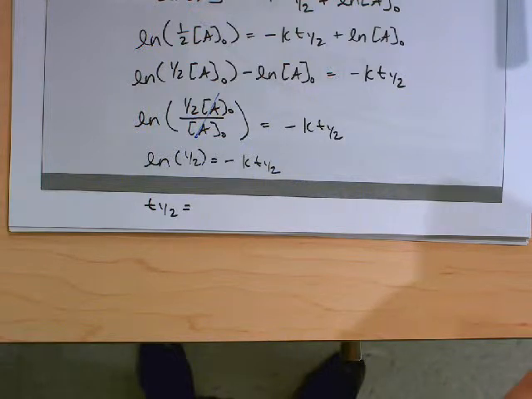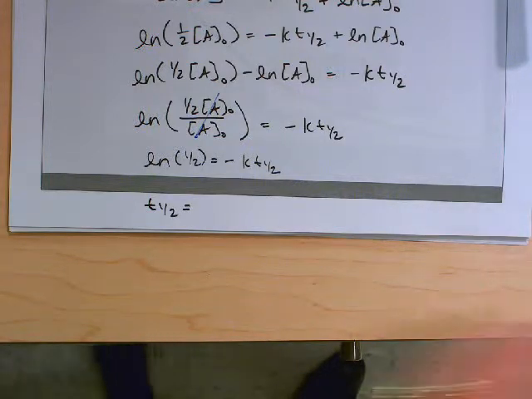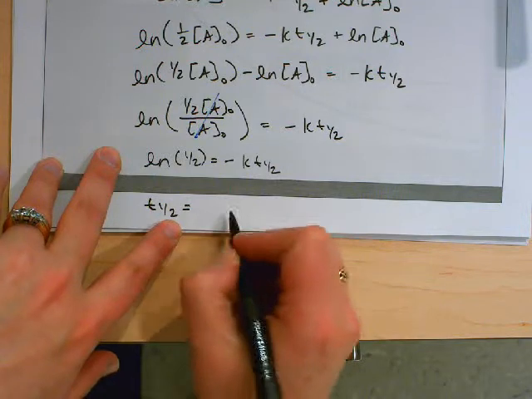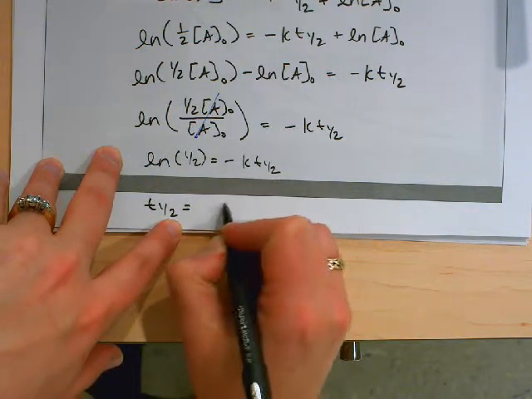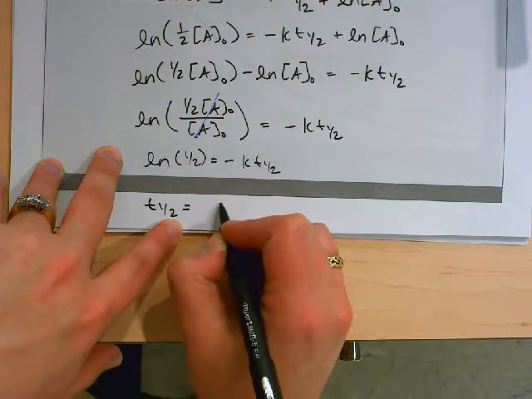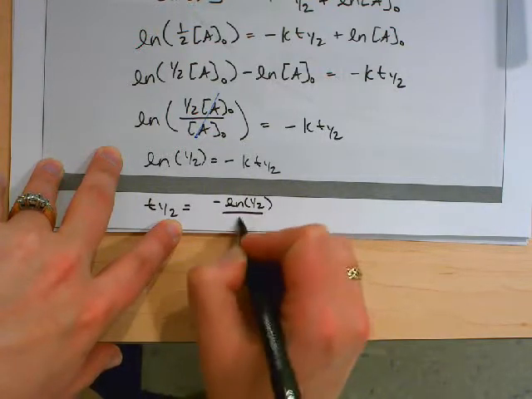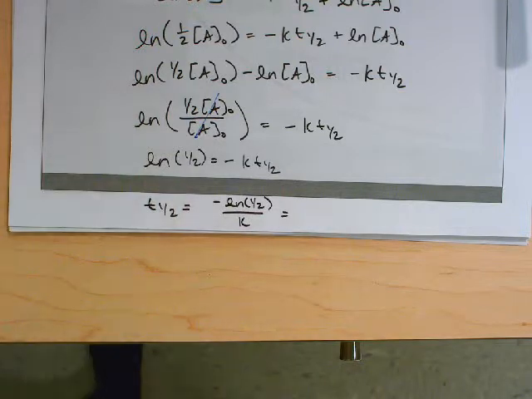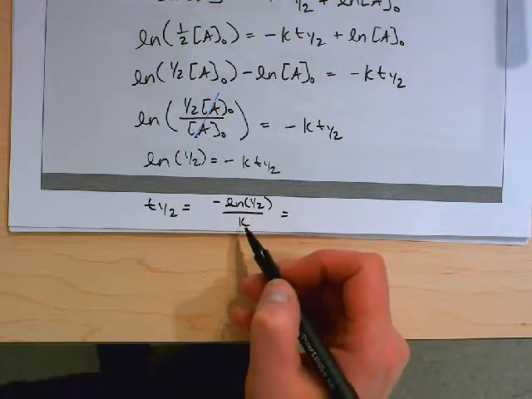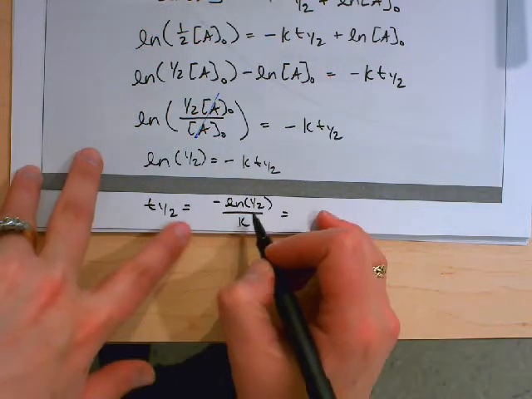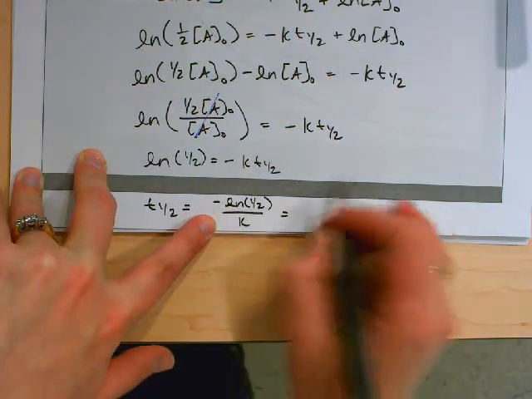Natural log. I could put the negative sign next to K. But now this natural log of 1/2 is a constant, it's just a number.